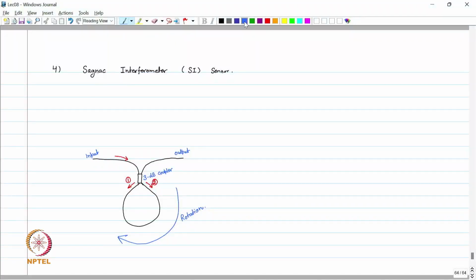So these SI sensors are of great interest nowadays due to their simple structure and robustness.